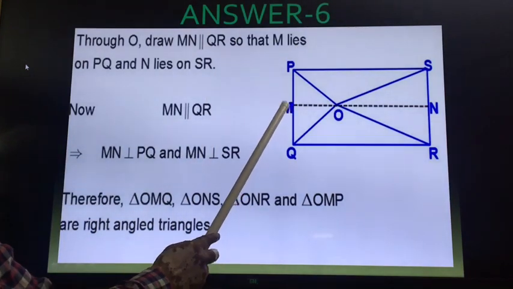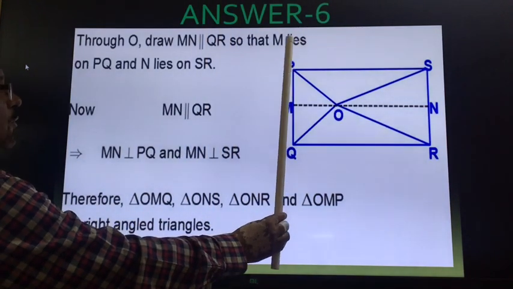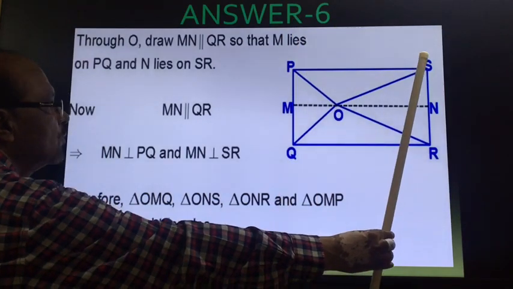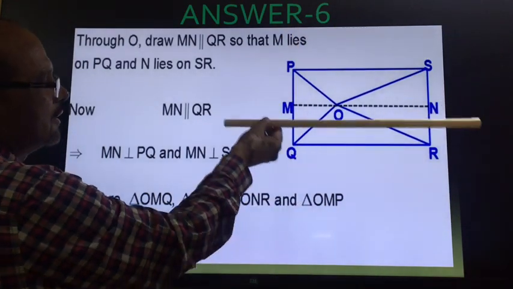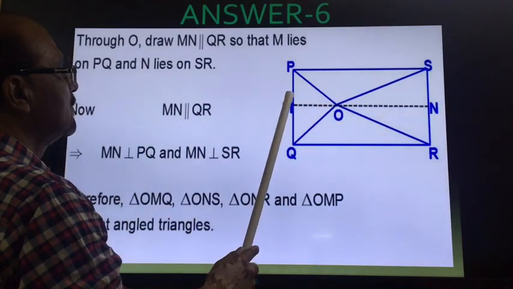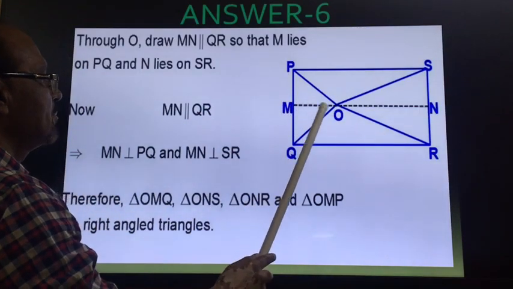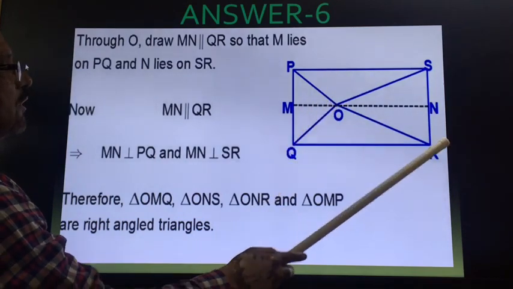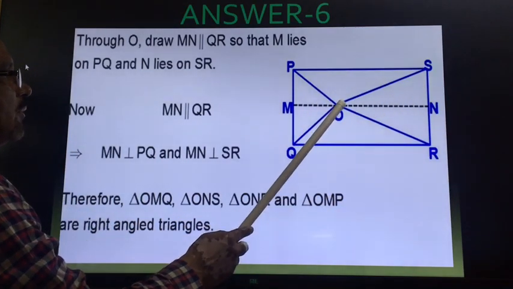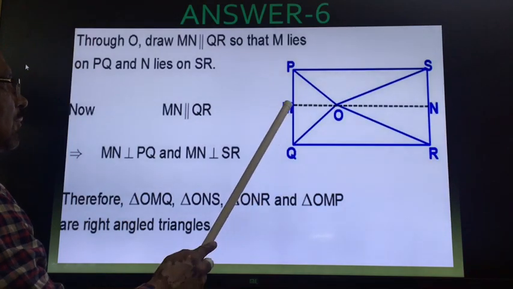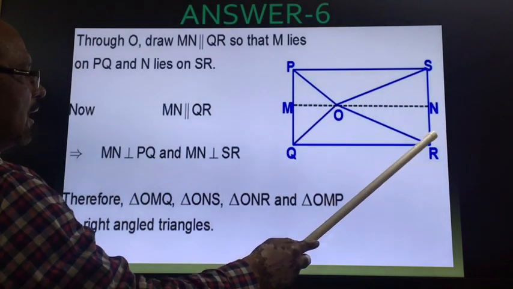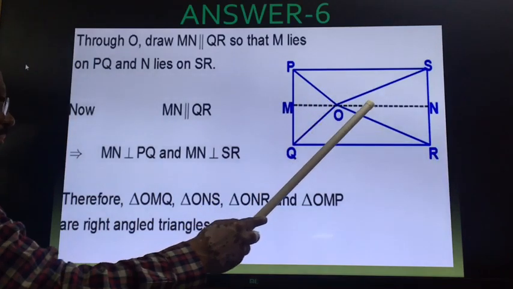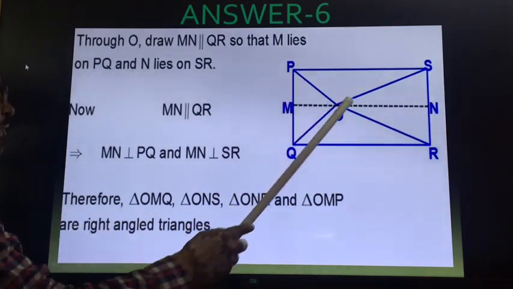Now after drawing this, because these two lines, that is PQ and SR, are also parallel, and these two are also parallel, angle PMO will be 90 degree. Similarly, SNO will be 90 degree, QMO will also be 90 degree, and angle RNO will be 90 degree. So OM and ON will be perpendicular to these.